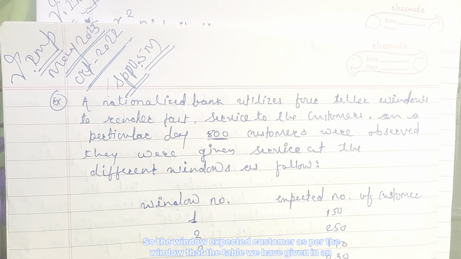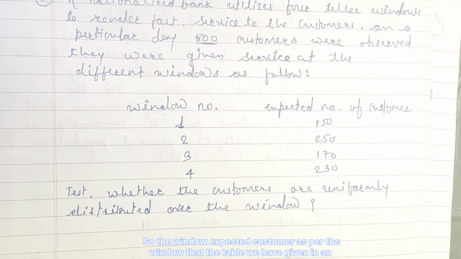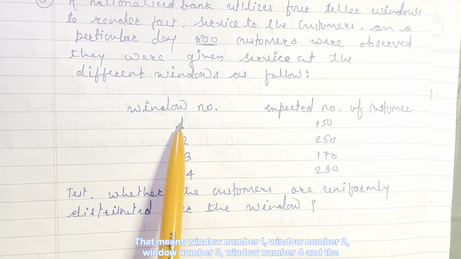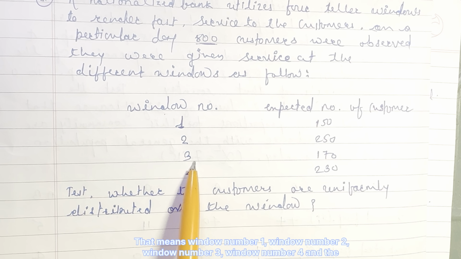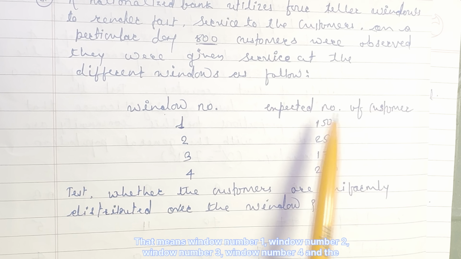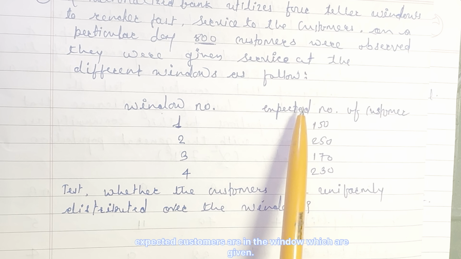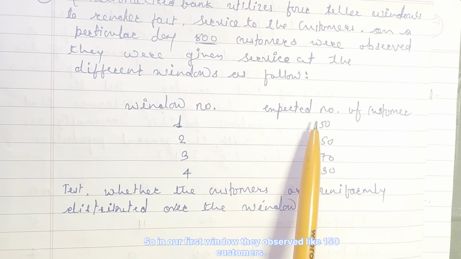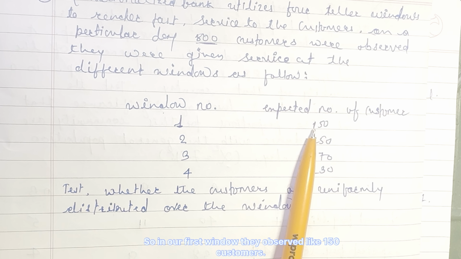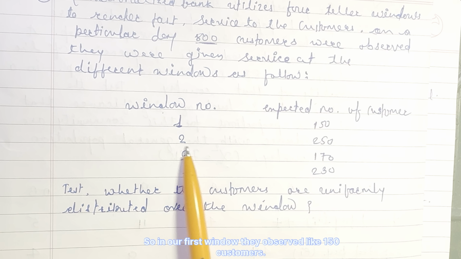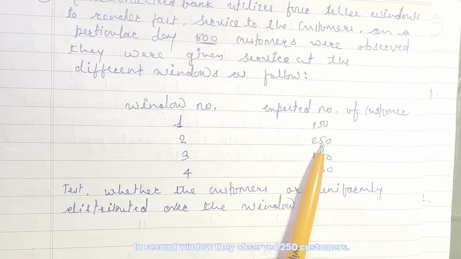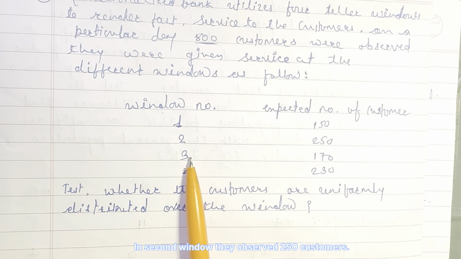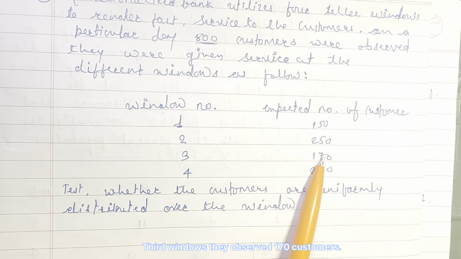The table in the example gives the expected customers as per the window: window number 1, window number 2, window number 3, window number 4. In the first window they observed 150 customers, in the second window 250 customers, and in the third window 170 customers.